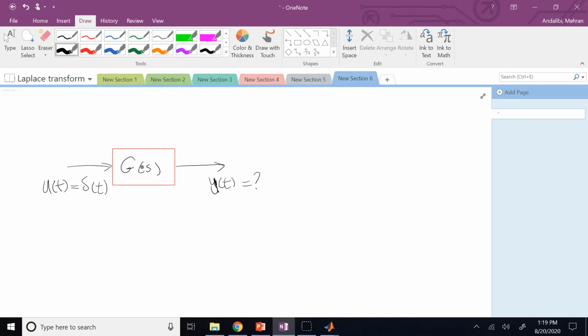So the input is delta or impulse function, the output is unknown, and the transfer function is g of s. So what happens? Well, we say y of s over u of s is equal to g of s. Therefore, y is u times g.